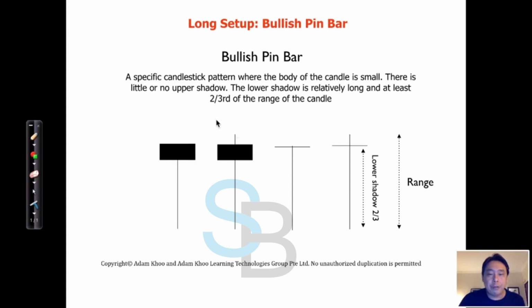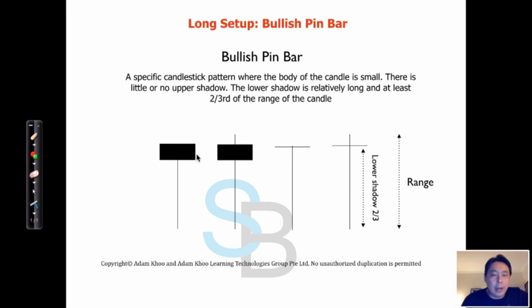Any of these 4 would qualify to be a bullish pin. And remember that for the bullish pin, the color of the candle doesn't matter. It could be a green candle, a white candle, a black, purple, yellow, it doesn't matter. What we are concerned about is the shape of the candle. So recall, what does this mean?